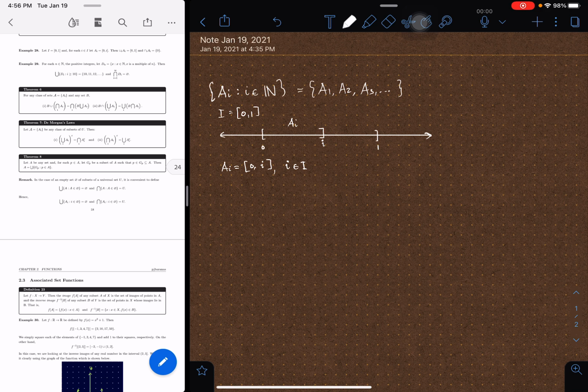We can actually move this number i from 0 to 1. So A sub i is an interval that starts at 0 and ends at i, which is a number from 0 to 1.